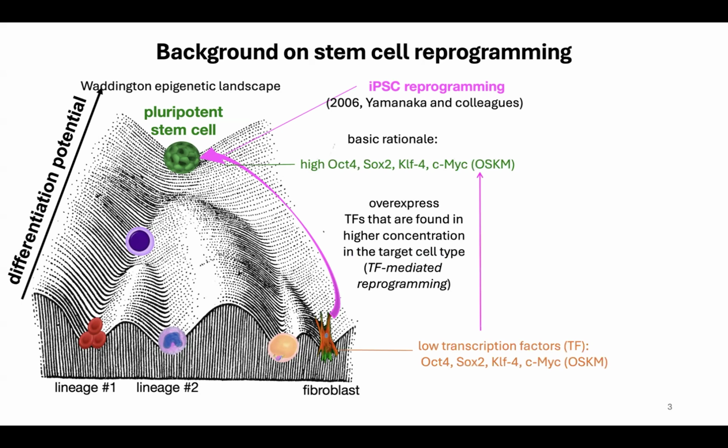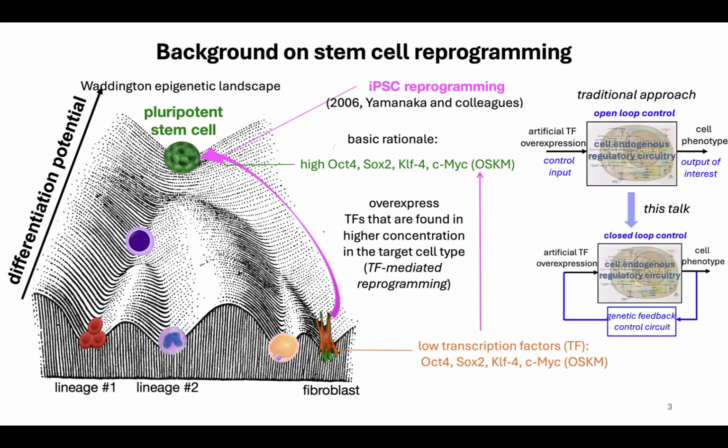These are transcription factors that in their initial cocktail included these 4 key factors, OCT4, SOX2, KLF4, and CMYC. And what they saw is that by delivering this to the cell in high amounts, some cells could turn back into pluripotent stem cells.